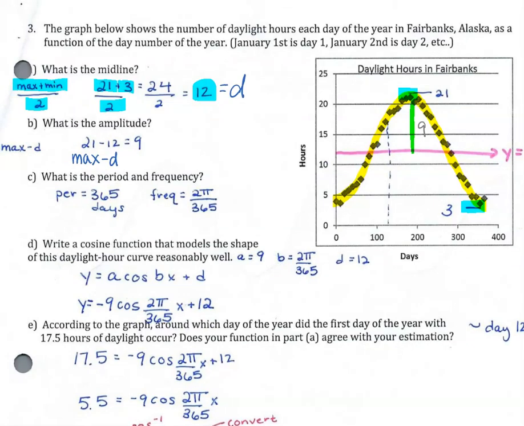Now, what is the period and the frequency? They're talking about this over the course of a year, so the graph shows the number of daylight hours each day of the year, and we'll go by the basic 365 days. We'll pretend this isn't a leap year. If the period is 365 days, frequency, which is the B value, is equal to 2 pi divided by the period.